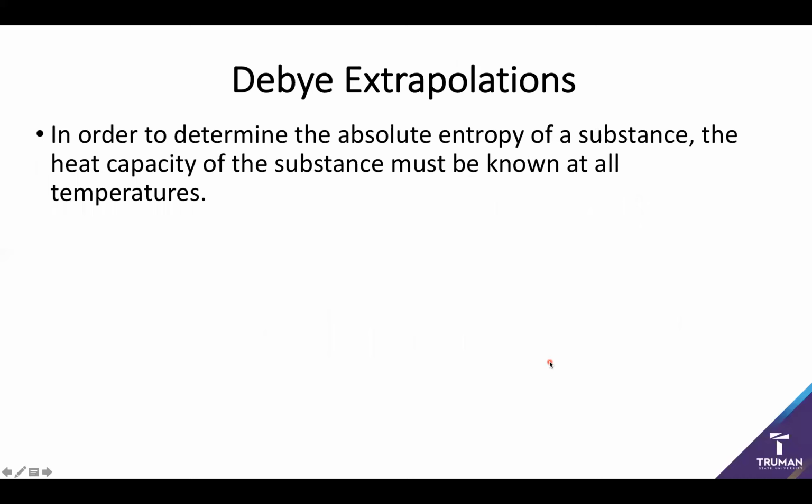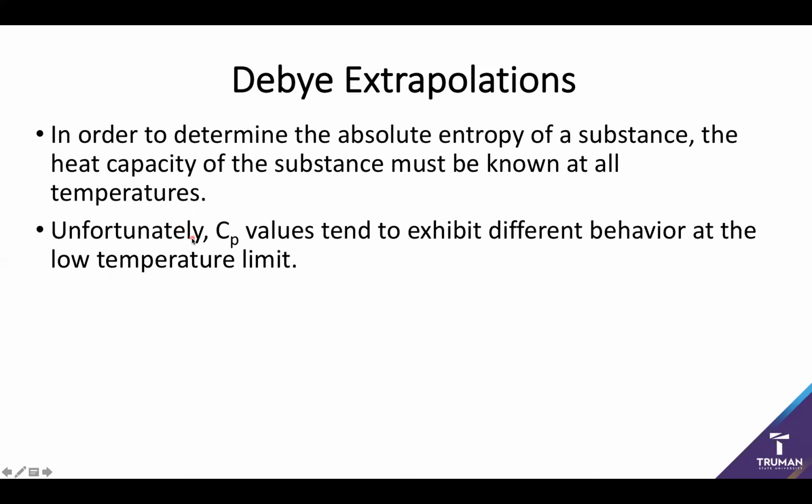And this becomes particularly troublesome because based on our previous equations, in order to be able to connect our entropy at, say, a relatively high temperature, like maybe 200 Kelvin, to this low temperature version, I'm going to need to know the heat capacity at every temperature in between. And my heat capacity will in fact get a little bit weird as I get, say, below about 50 or 60 Kelvin. The reason why we start seeing some of these odd behaviors of our heat capacity turns out to be due to quantum mechanics and its weirdness.